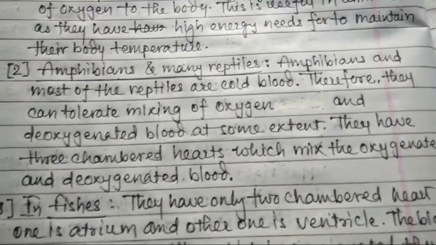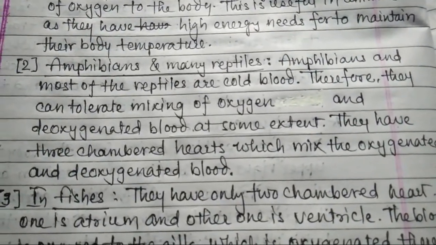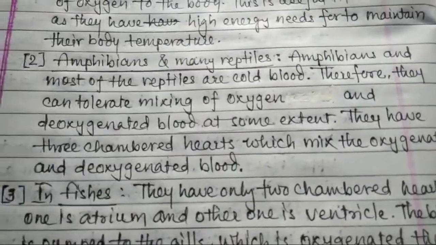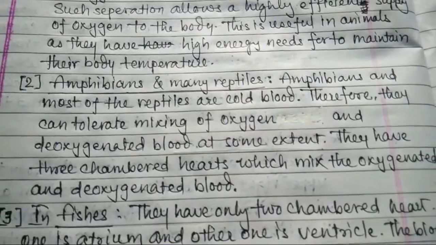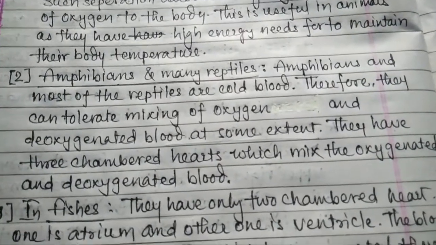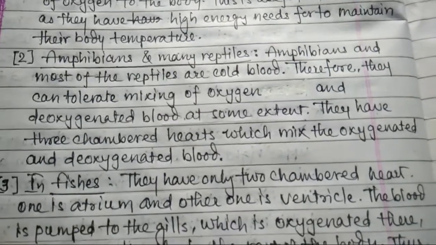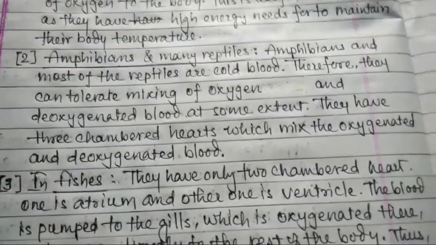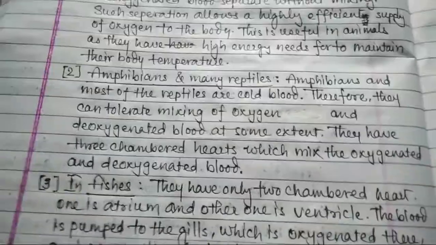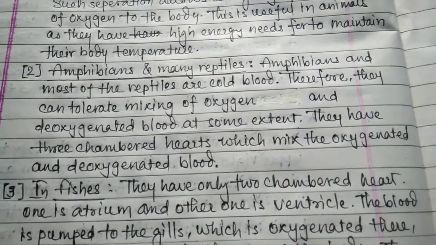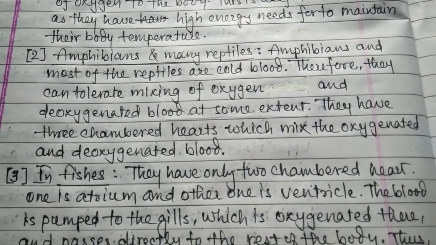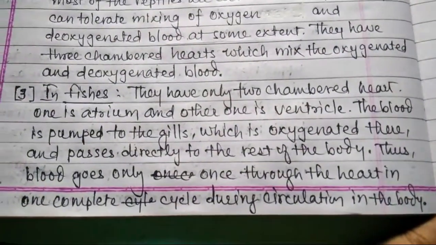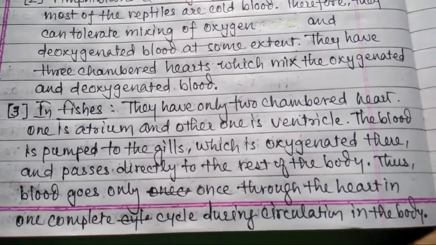Now, amphibians and most reptiles are cold-blooded. Therefore, they can tolerate mixing of oxygenated and deoxygenated blood to some extent. They have a three-chamber heart which mixes the oxygenated and deoxygenated blood. As they are cold-blooded animals, they do not need more oxygen to warm their bodies. In fishes, they have only a two-chamber heart, one atrium and one ventricle.